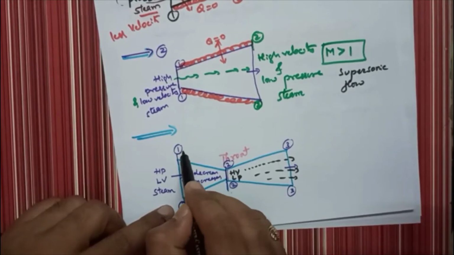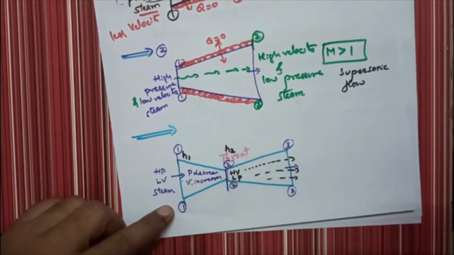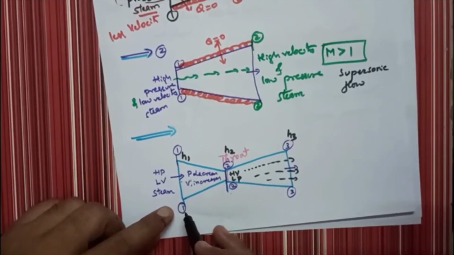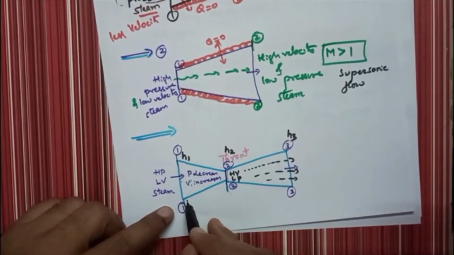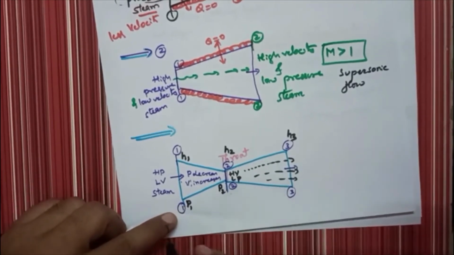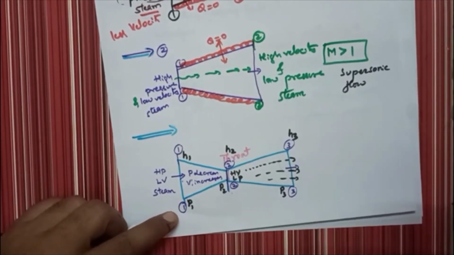H1 is the enthalpy at section 1, H2 is the enthalpy at section 2, and H3 is the enthalpy at section 3. Similarly, P1 is the pressure at section 1, P2 is the pressure at section 2, and P3 is the pressure at section 3.